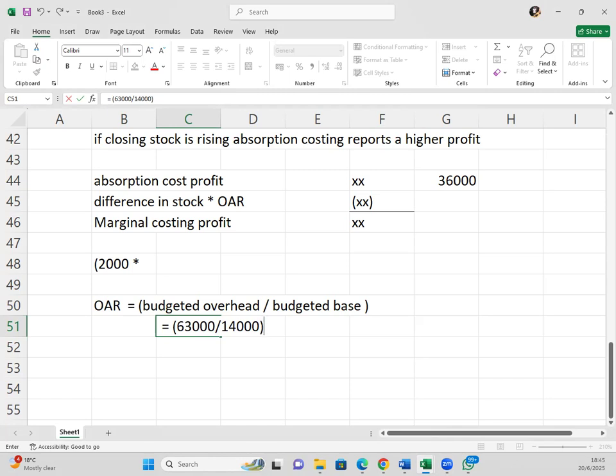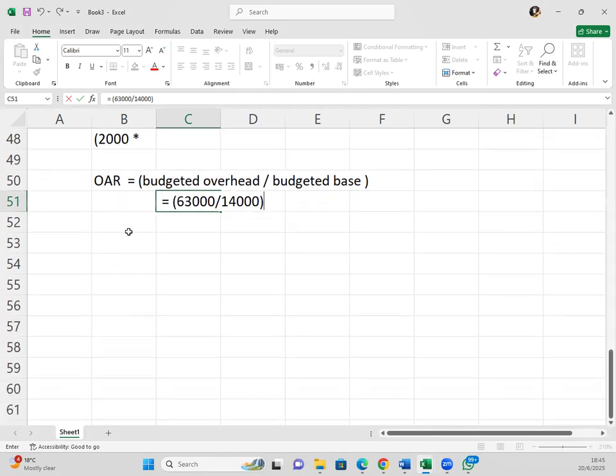So we get our overhead absorption rate. Can we quickly work out that? What's 63,000 divided by 14,000? 4.5 is our overhead absorption rate.